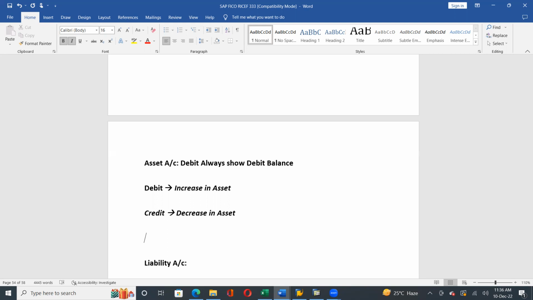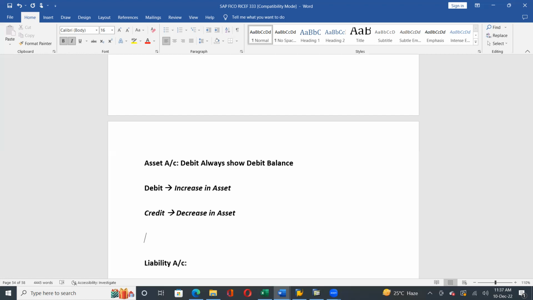Then whether it could be a building, a land, furniture, machinery, or whatever it is, if we are purchasing with the intention of resale, then all of those are considered goods. For example, I am a furniture dealer, Lepakshi Furniture, right? And I have purchased a table. So why will I purchase a table?